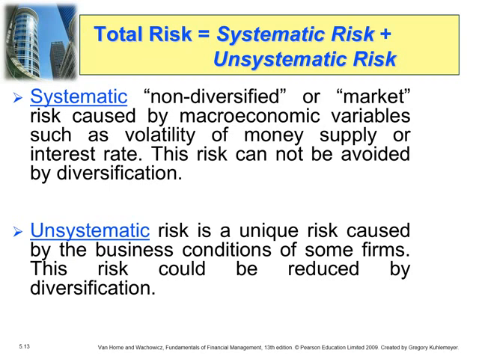First, systematic risk, or non-diversifiable risk, or market risk. All of them are the same. It's caused by macroeconomic variables such as volatility of the money supply or interest rate. This risk can't be avoided by diversification. I mean, in this kind of risk, all firms are affected.